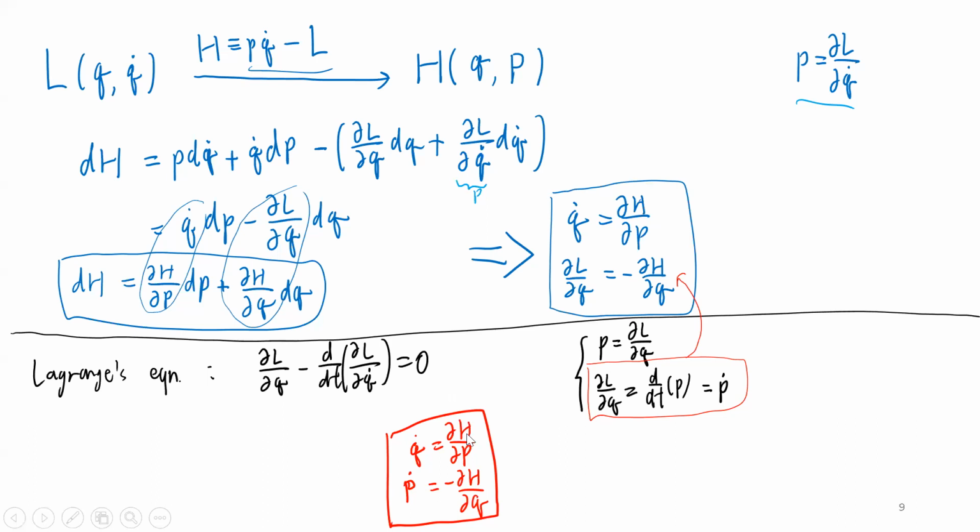Okay, so these pair of equations are known as Hamilton's equations of motion. So this is the important result that we'll use a lot in our example problems.